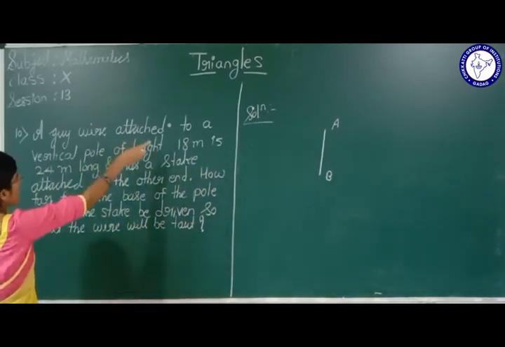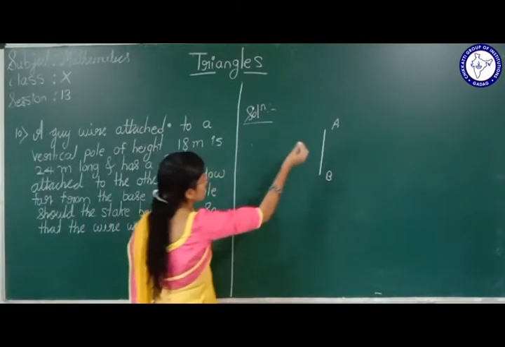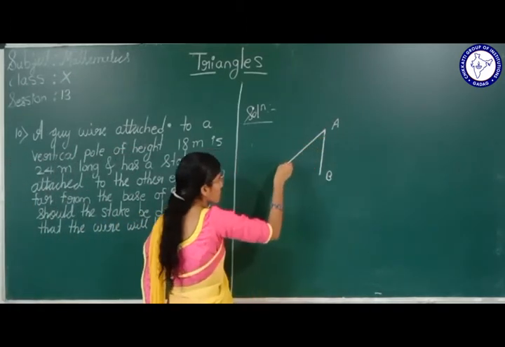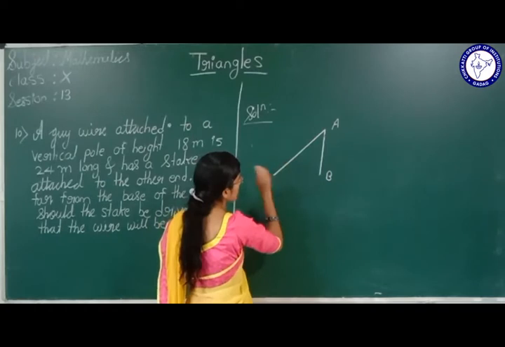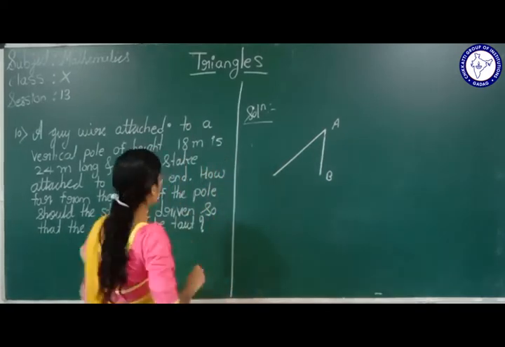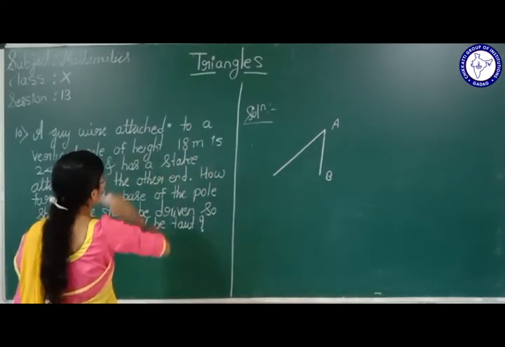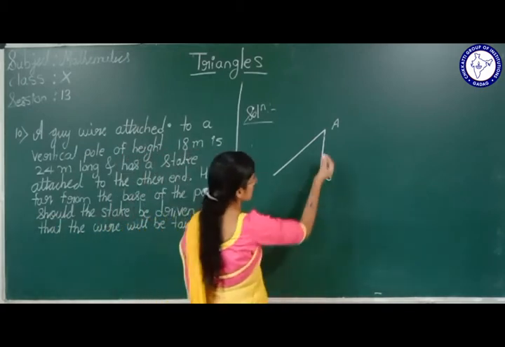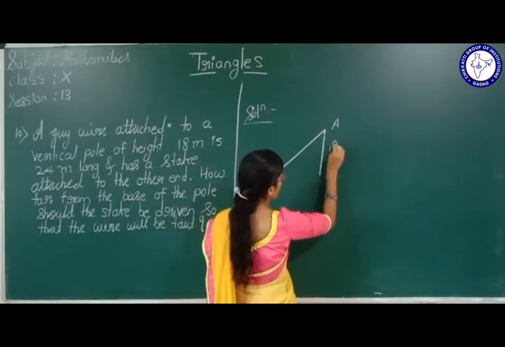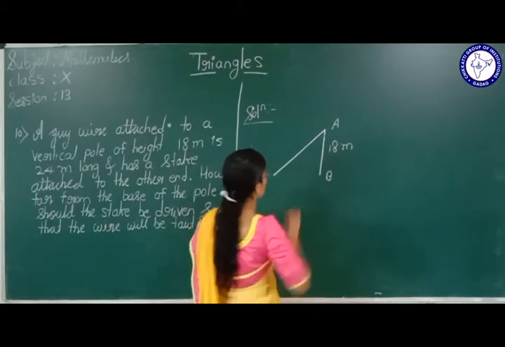A guide wire attached to a vertical pole. Here one wire is attached. Which wire? A guide wire is attached to a vertical pole of 18 meter. The height of the pole is given as 18 meter.